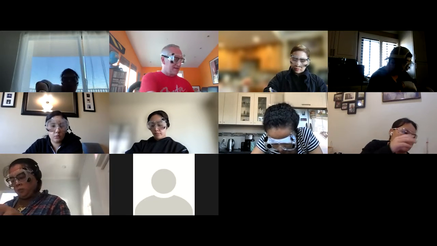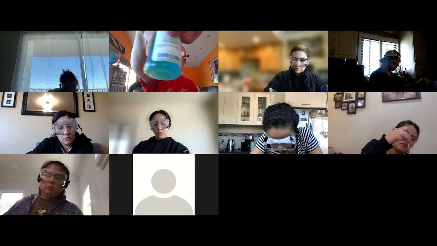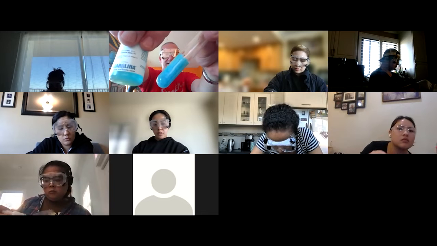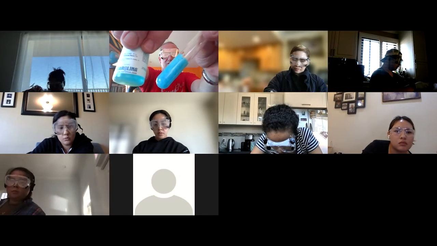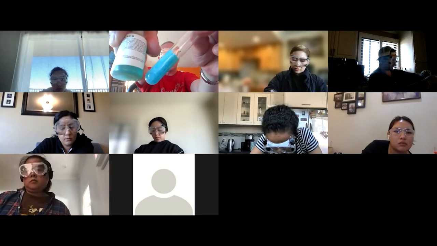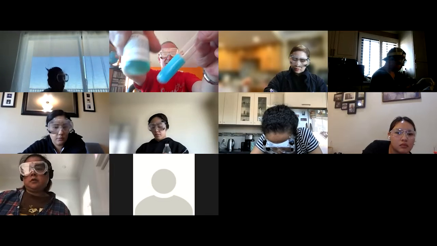Because this was the color, this is the color of the copper 2 sulfate solution. And this is the color of the precipitate. Would you say that those two colors are the same, or are they different? Kind of hard to see. Different. Okay.